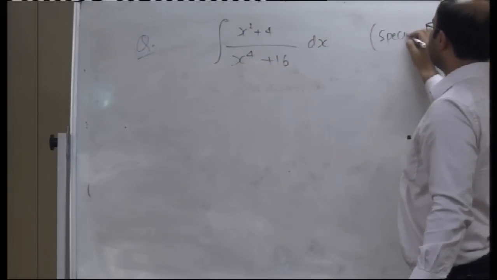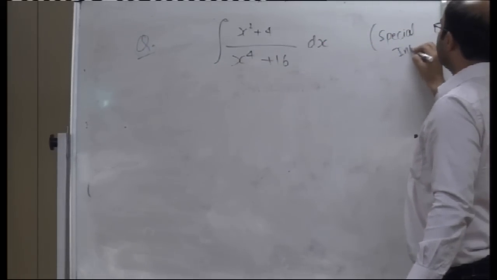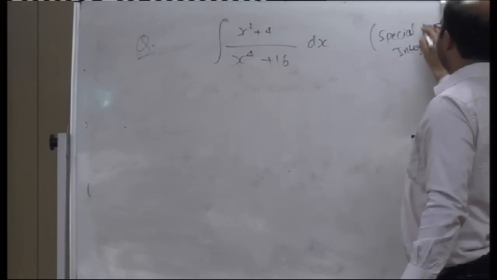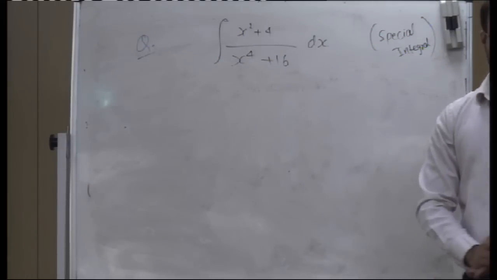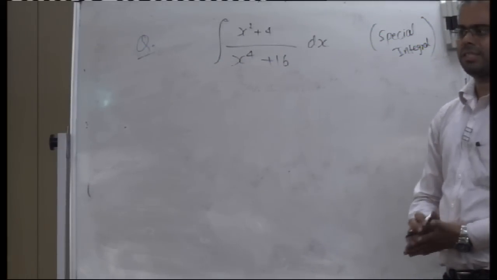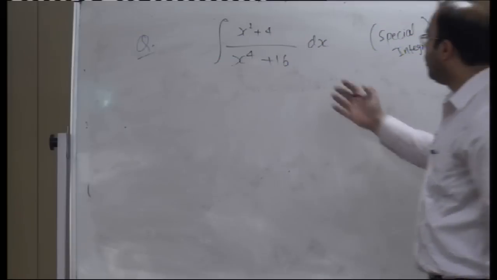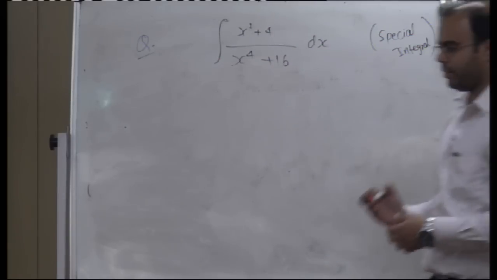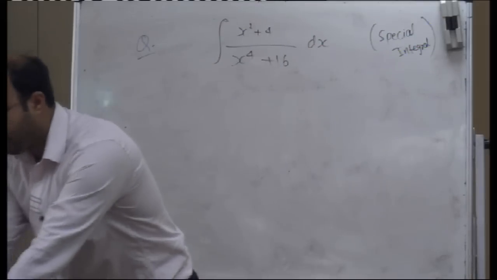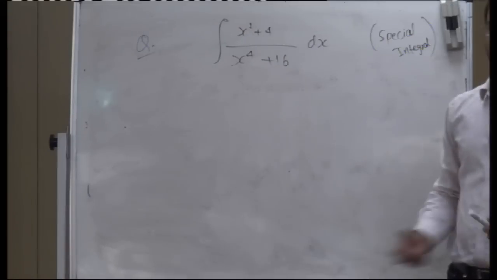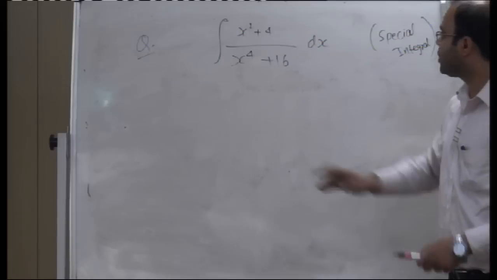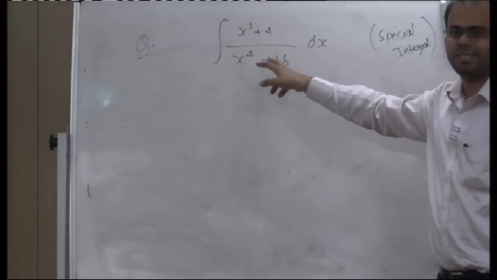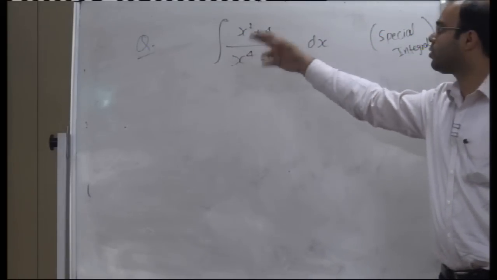So this is a special integral, and this type of question can be dealt with some standard method. What you observe here is there is a quadratic term in the numerator, and a 4-degree term in the denominator. So this is x to the power 4 plus 16, and this is x square plus 4.